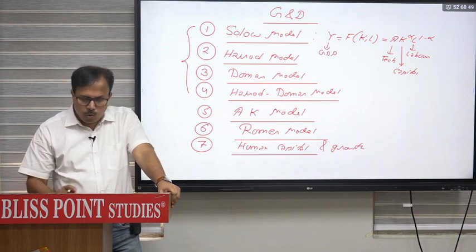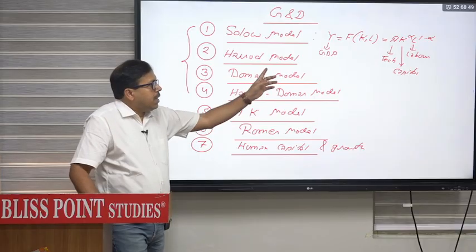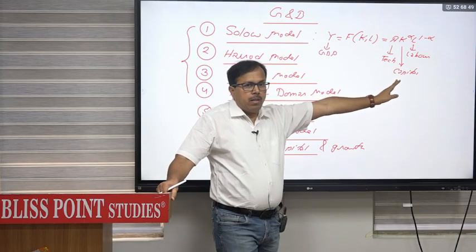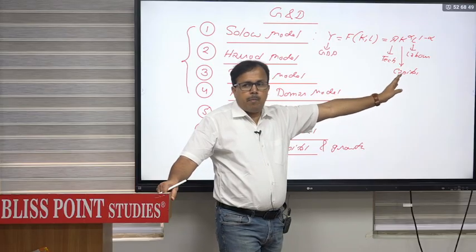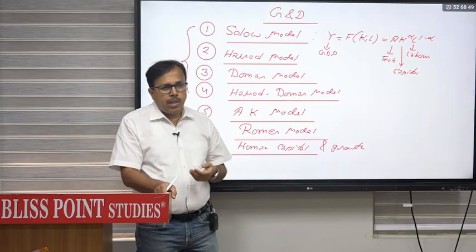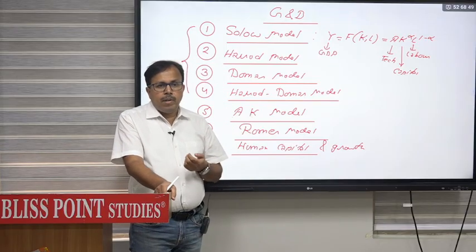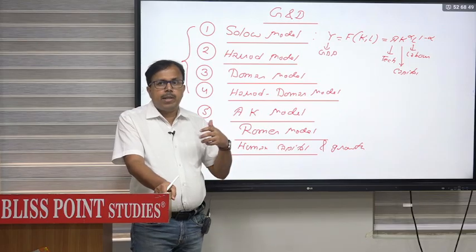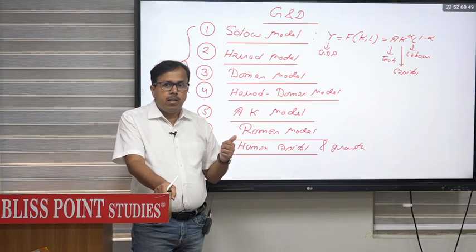Human capital and growth. In the initial part we say that growth depends upon capital, but which capital? This is physical capital, plant and machinery. Later on we explain that growth also depends upon how we accumulate human capital. Just as we accumulate physical capital, similarly we accumulate human capital.